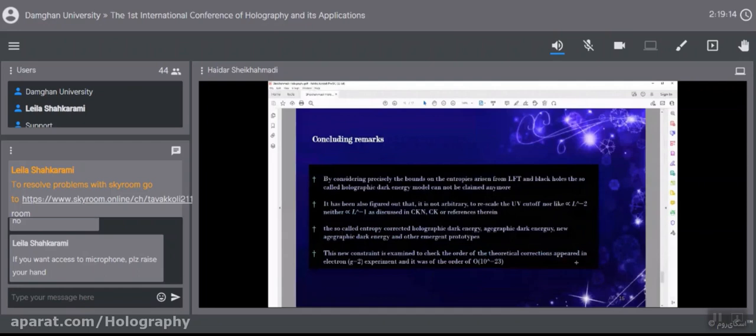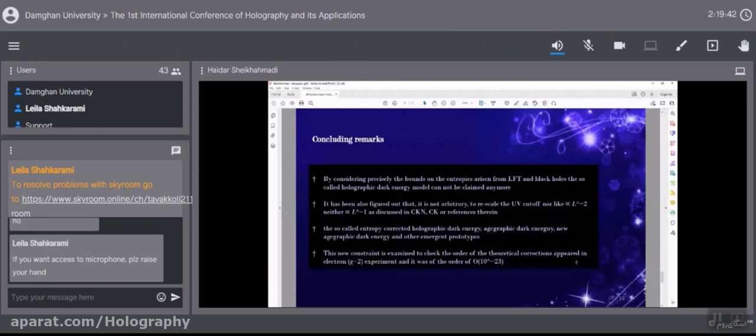And finally, the main aim of this talk was to check the validity of the proposed holographic dark energy and the bounds appearing in CKN and CK papers and reports. It has been shown that according to the lattice field theory results and Bekenstein-Hawking entropy, the so-called holographic dark energy, at least in its present form, cannot be claimed anymore.